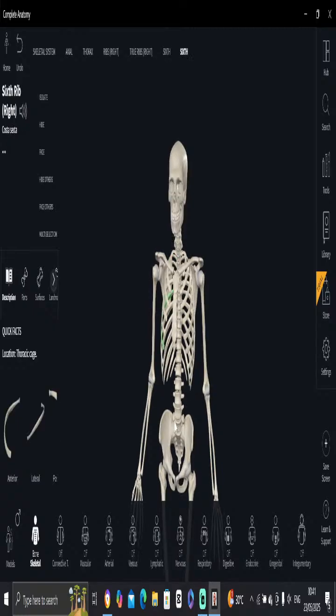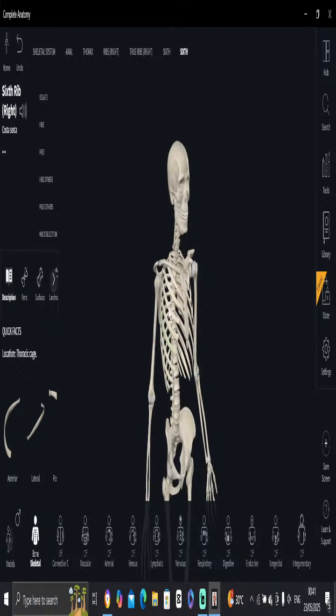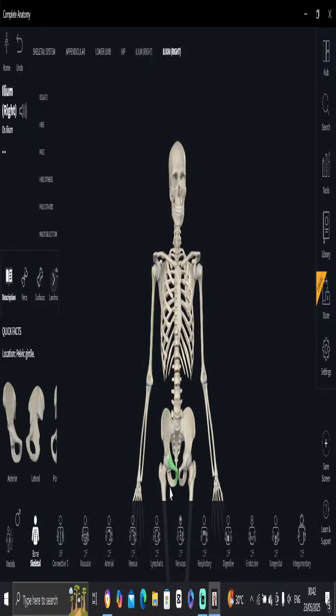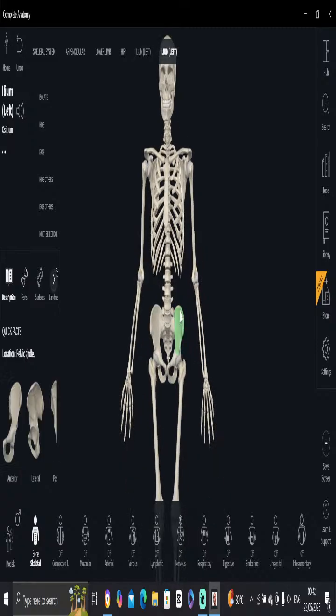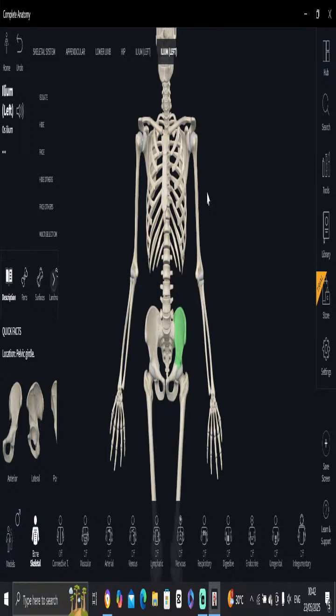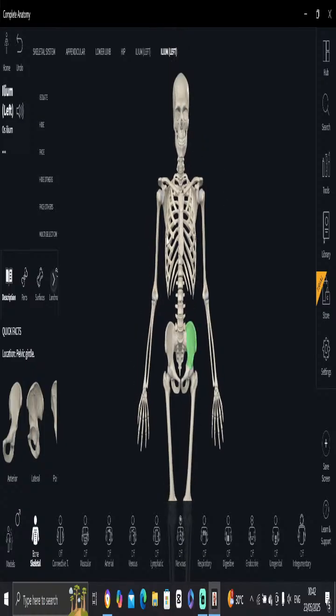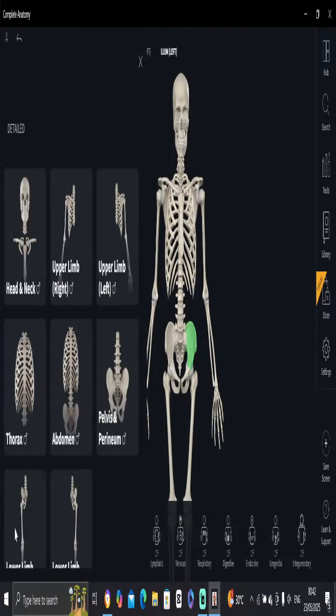While the upper limb, that's from the collarbone, the clavicle, the scapula, the upper bone, then the hip bones and the rest of the lower limb, makes up the appendicular skeleton. Basically, the axial skeleton forms the central framework of the body, while the appendicular skeleton forms the limbs and the limb girdles.